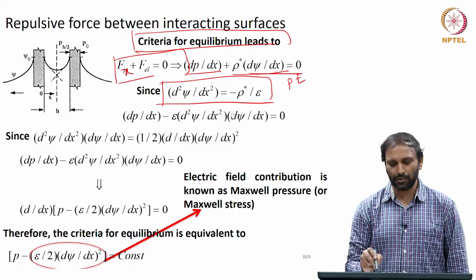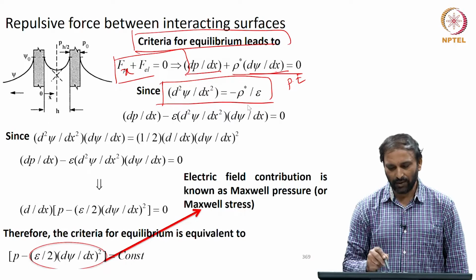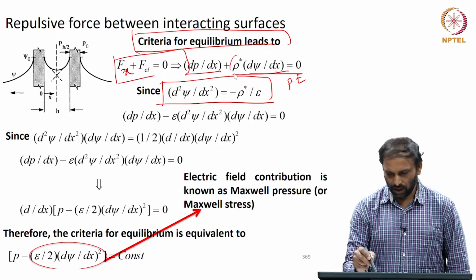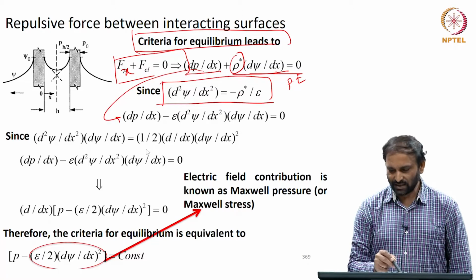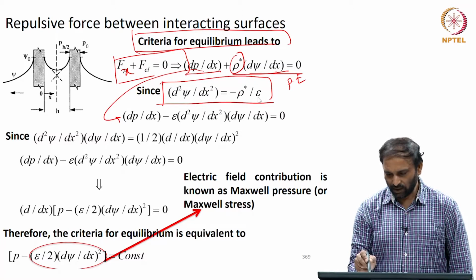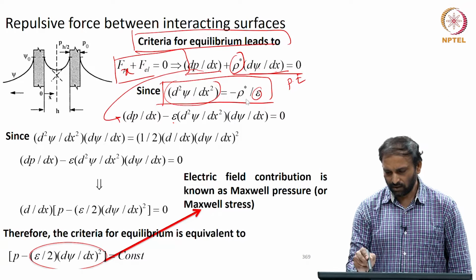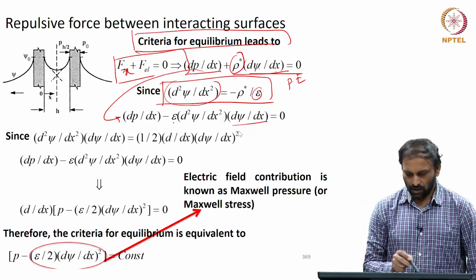The Poisson equation in one dimension is d square psi by dx square is equal to minus rho star divided by epsilon. So, instead of rho star, I can replace that in the dp by dx term with epsilon times d square psi by dx square times d psi by dx.